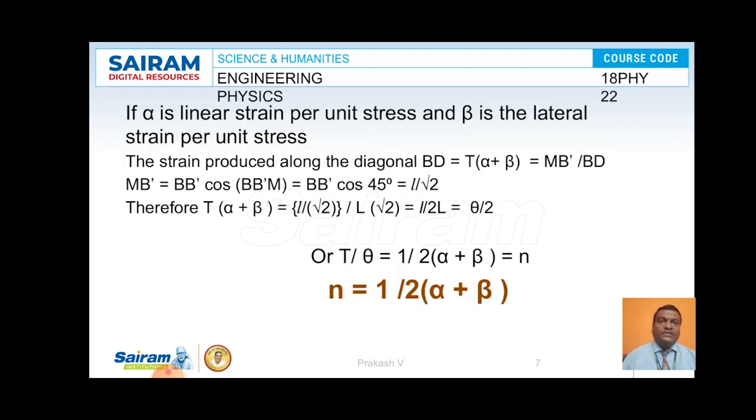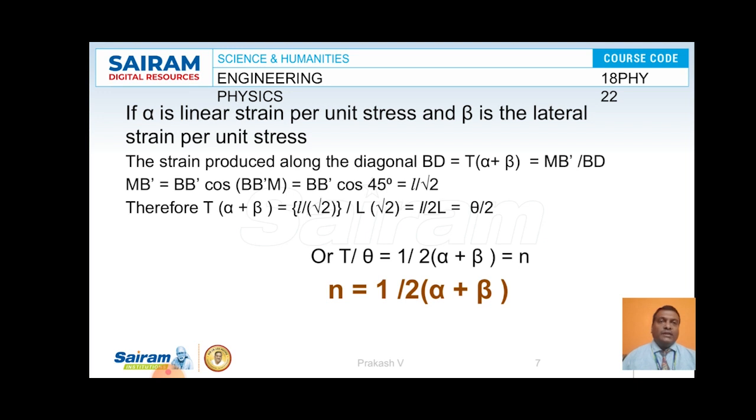If alpha is linear strain per unit stress and beta is lateral strain per unit stress, the strain produced along the diagonal BD will be equal to T into alpha plus beta, that is equal to MB dash by BD. Further, MB dash is equal to BB dash cos of the angle BB dash M, which is equal to BB dash cos 45 degree.